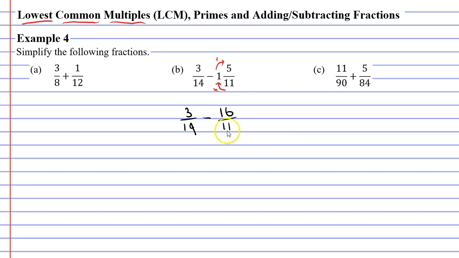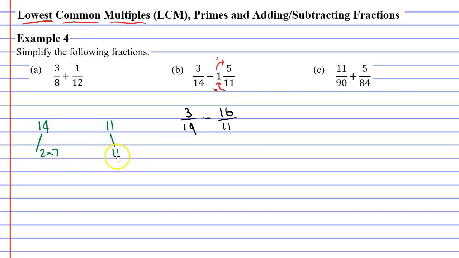So we need to make the denominators the same, and in order to do that, I need to list the prime factors for both 14 and 11. The prime factors for 14 are 2 times 7, and 11 is in itself a prime number, so we'll just write 11 as its prime factor here. So we want to make these numbers the same, which means we need to have the exact same set of prime factors here.